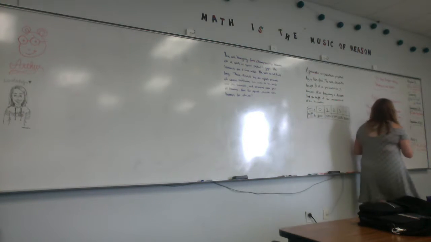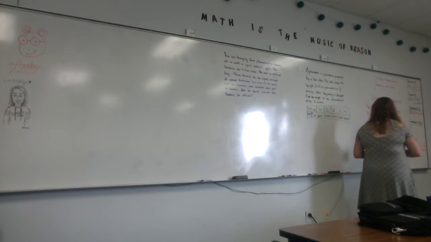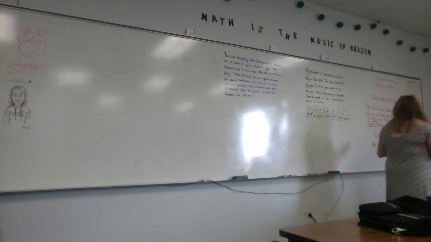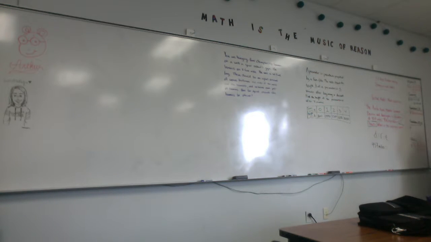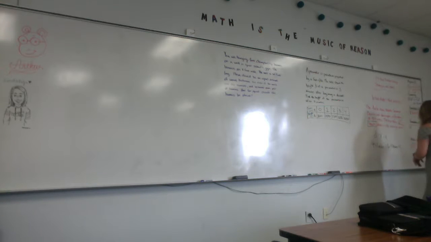The time, and I know the time is 6.5 hours. I want to know the average speed, so I'm going to set up my equation to say 457 equals R times 6.5. R is what I'm trying to figure out.